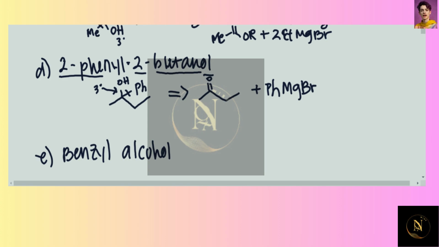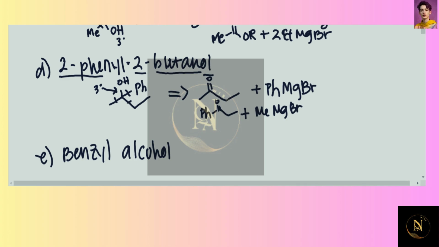And we could also imagine breaking bonds in other places. We could have 3 different variations of ketones because we have 3 different alkyl groups about our carbon containing the alcohol. We could imagine this being our Grignard reagent, which would give us phenyl plus methyl magnesium bromide.